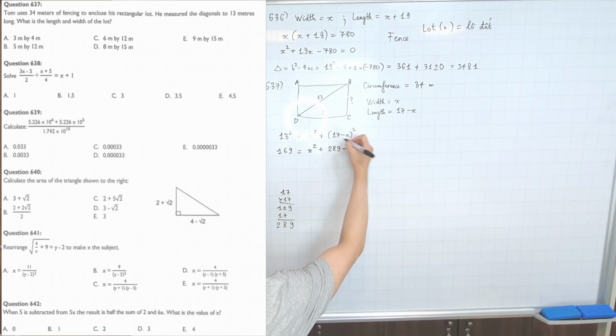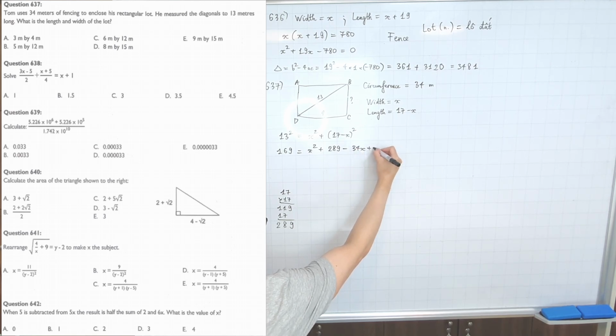And then minus 2 times 17 times x, which is 34x, and then plus x squared.